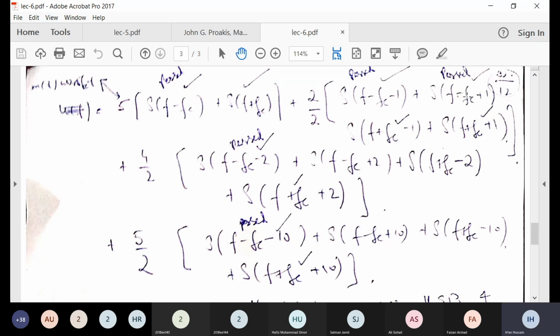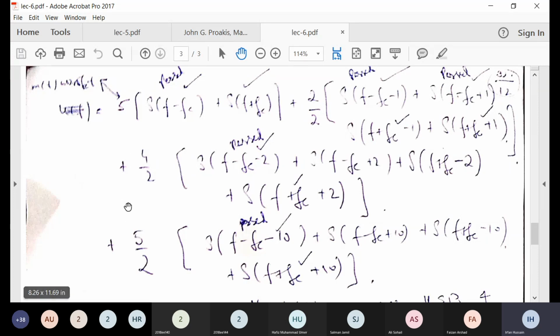This is fc minus 1. If I take minus common, fc minus 1, this is a lower sideband signal, and if I take minus common, this will be minus fc plus 1. So this is also the negative frequency impulse. So these will also be passed. So I will need a filter that will pass these four terms, and these four terms will be neglected.